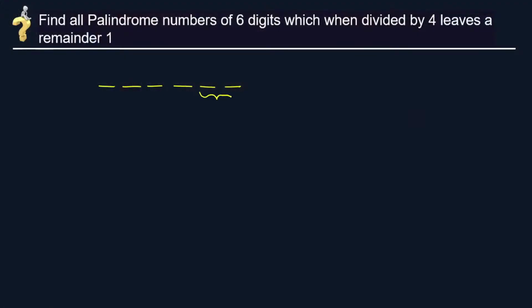So now the last two places can be filled in how many different ways? The numbers which will come here will be of the form 4k plus 1. Yes or no? 4k plus 1 means if you divide these last two digits by 4, it will leave the remainder 1, and that's exactly what I want.